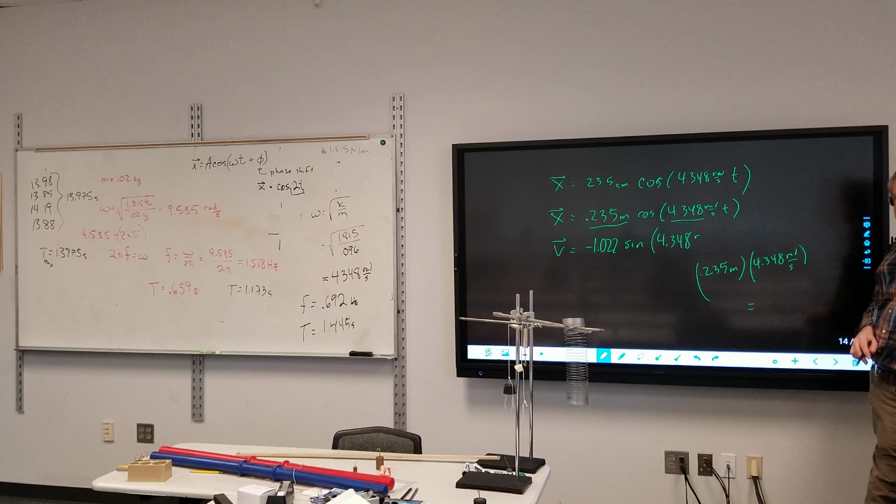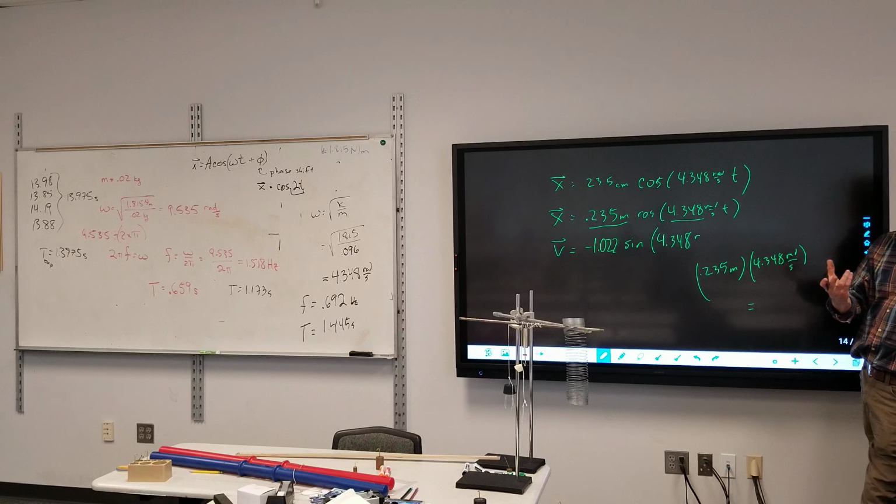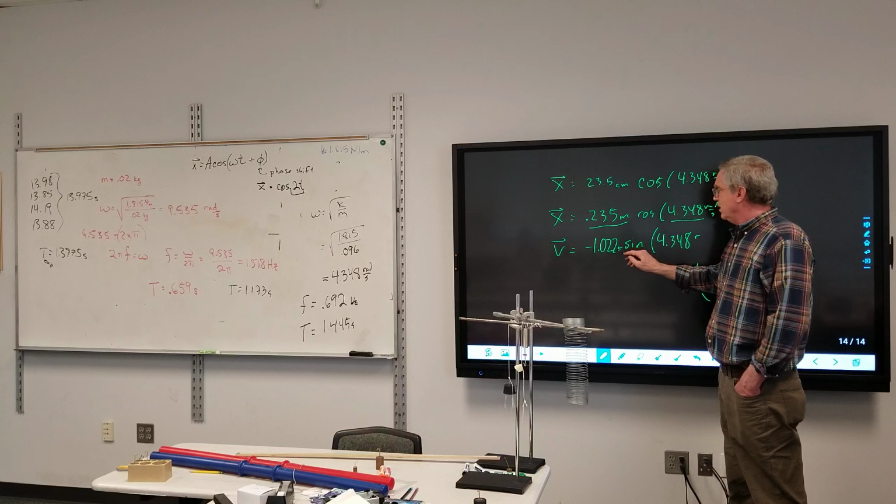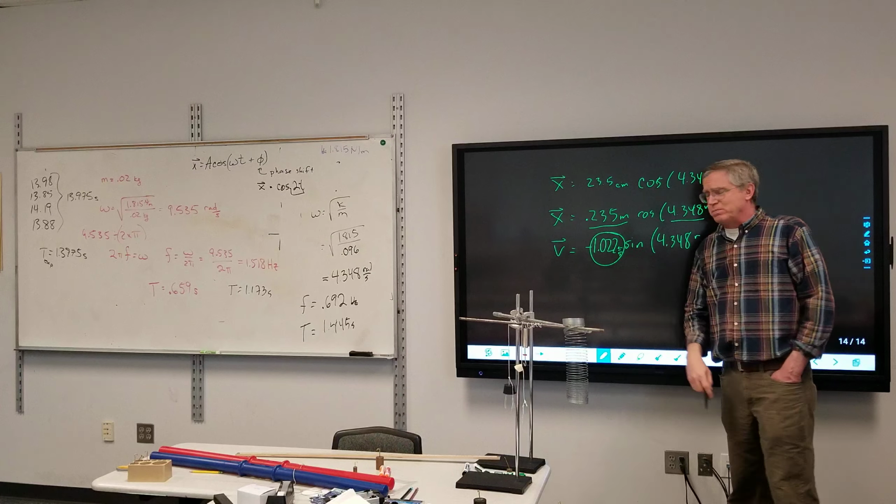Meters times radians per second. That is not a wrong unit, not traditional, but that would be acceptable. However, generally when you multiply something times radians, you don't write the radians, so just meters per second. So my maximum speed is going to be 1.022 meters per second. That's my maximum speed. It's the amplitude times omega.